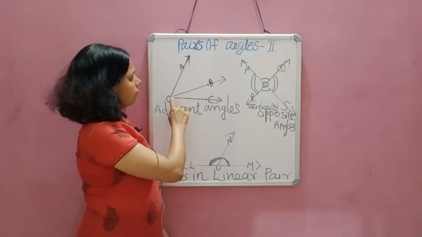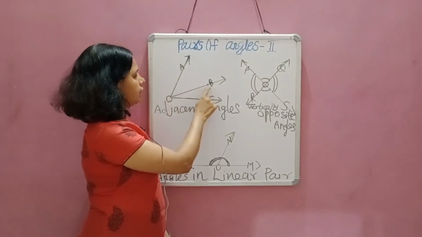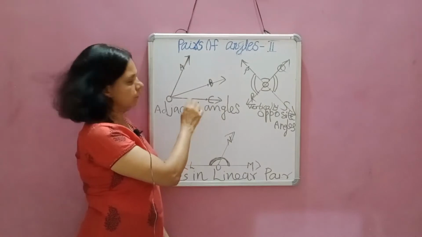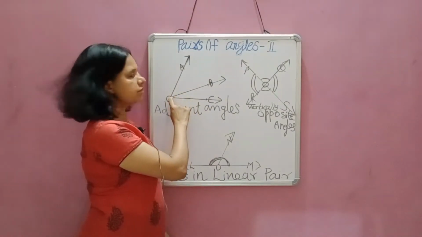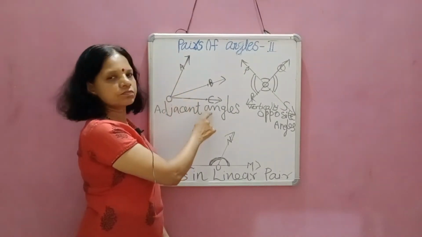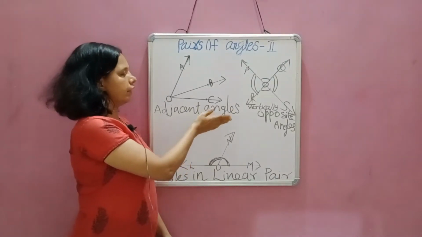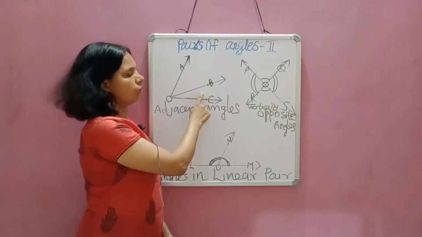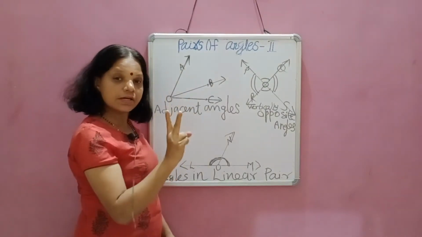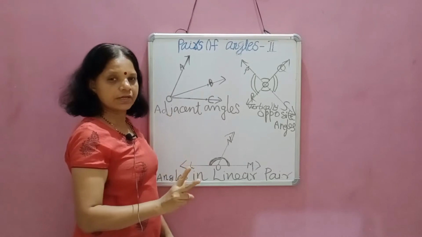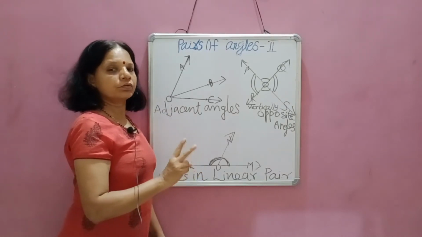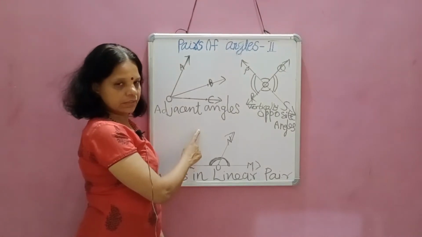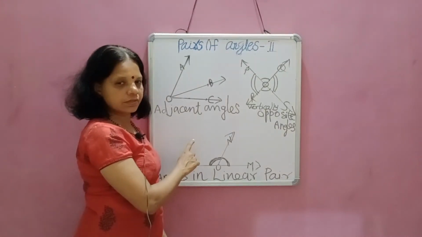Clear? Which is the common side when you consider AOB and BOC? OB is the common side. The non-common sides are OA and OC. They lie opposite to the side OB. So these three conditions should be satisfied for two angles to be adjacent. So what are adjacent angles?